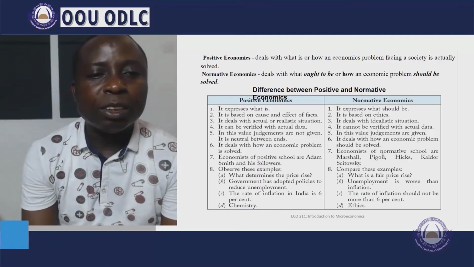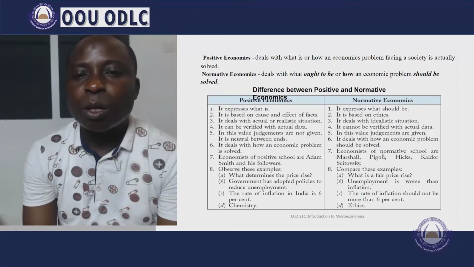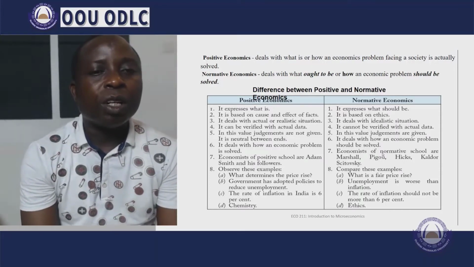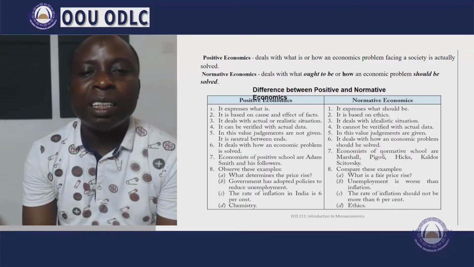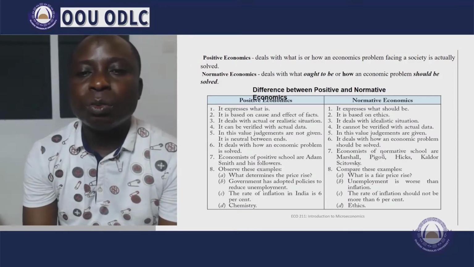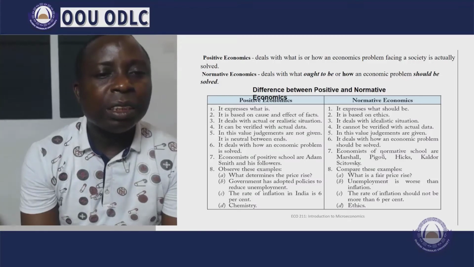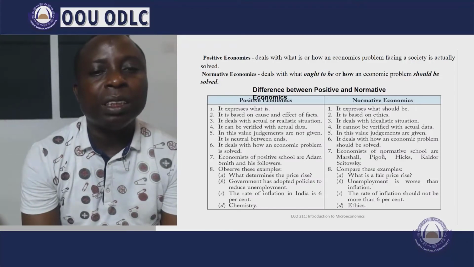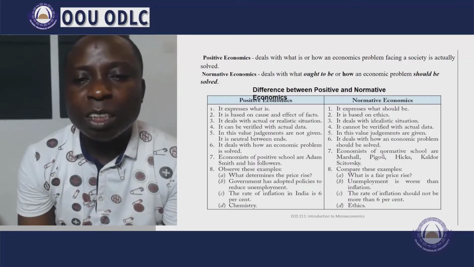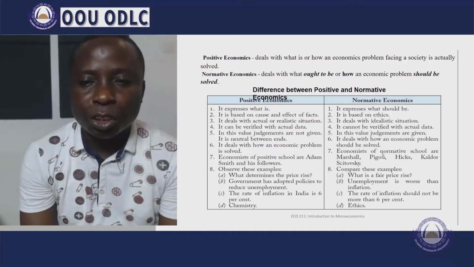Positive economics is based on cause and effect of facts. Normative economics is based on ethics. Positive economics deals with actual or realistic situations, while normative economics deals with idealistic situations. Positive economics deals with value judgments, but these value judgments are not given, while normative economics prescribes a given value judgment.